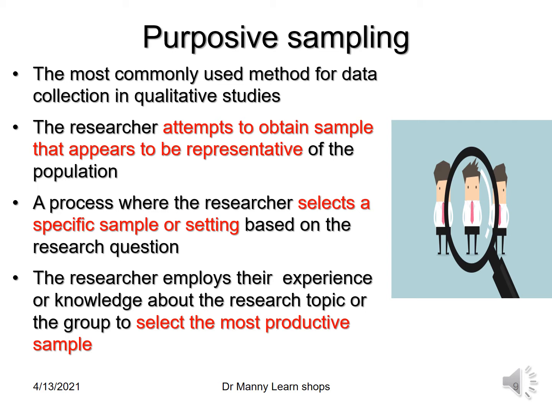You decide where you're going to sample. And the researcher then employs their experience and their knowledge about the research topic or the group that they want to investigate to select the most productive sample to give them the data that they need. So purposive sampling basically means you have a purpose in what you want to achieve. You know what you want to achieve, you know how you're going to achieve it, and that's how you'll determine your sample.